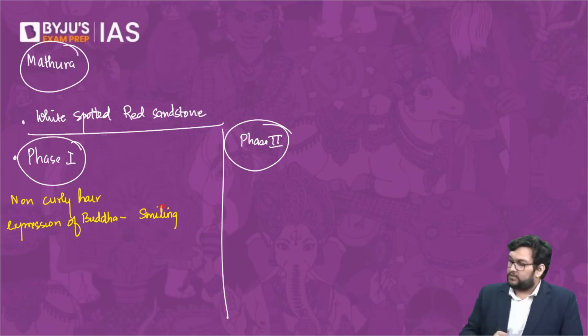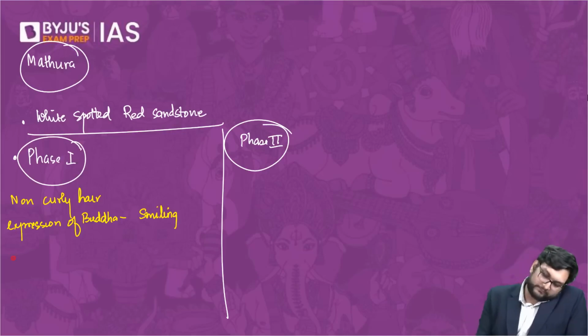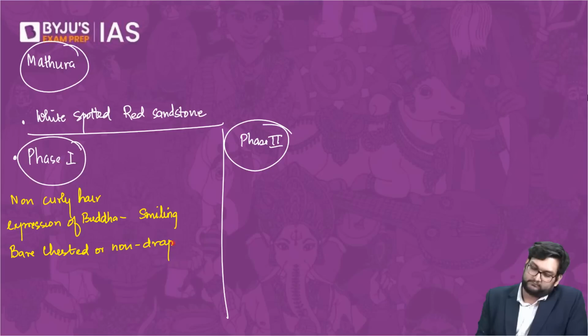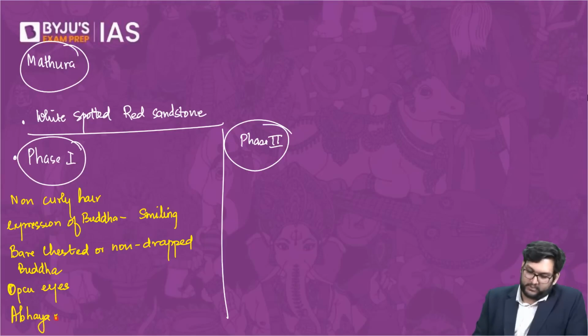Thereafter, we also have bare-chested or non-draped Buddha. Thereafter, we also have the concept of open eyes. Then we have Abhay Mudra and subsidiary images.